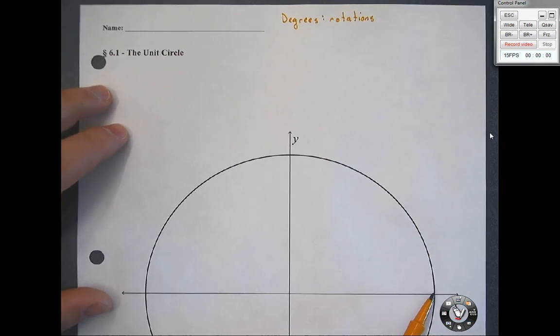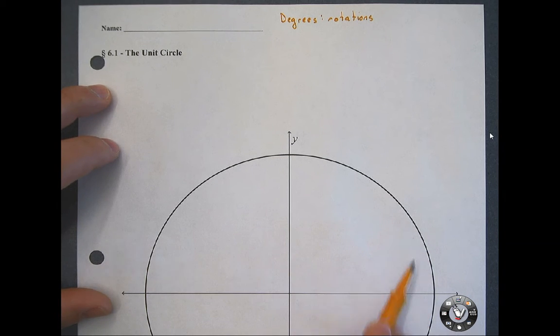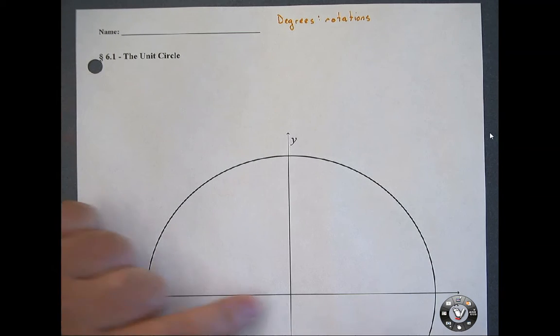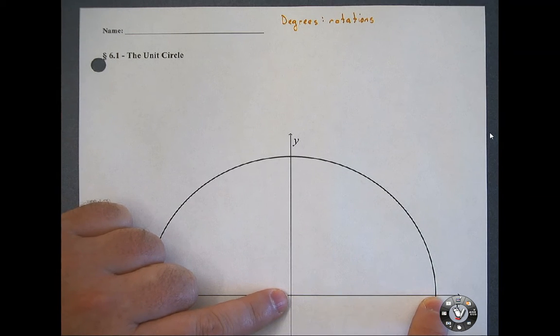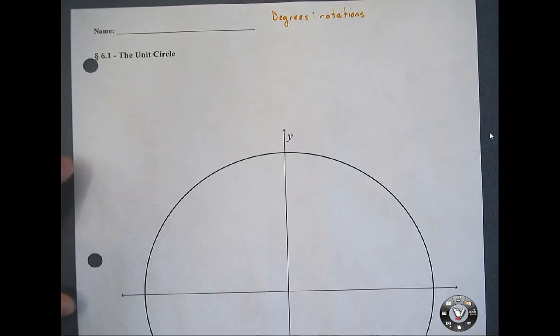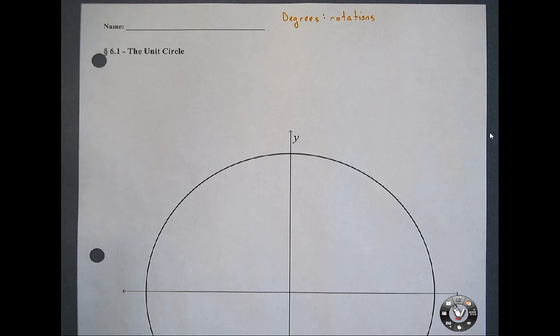If I were to rotate 30 degrees, it would take me about to here. If I rotated 90 degrees, it would take me up to here. So I'm taking the radius and rotating it some angle around the origin. That's pretty standard, what we are used to looking at.